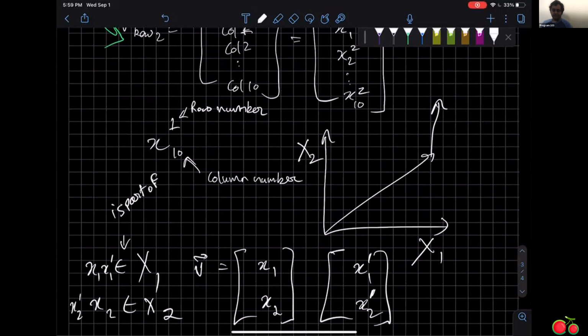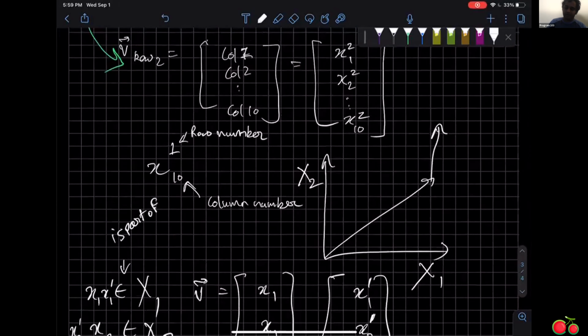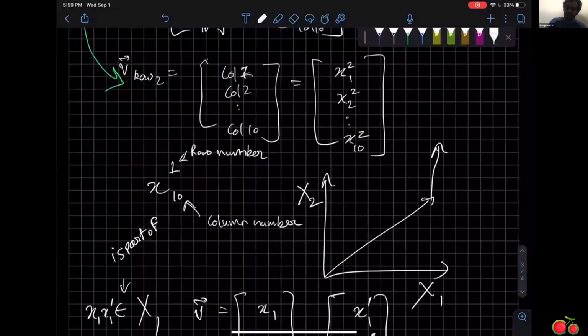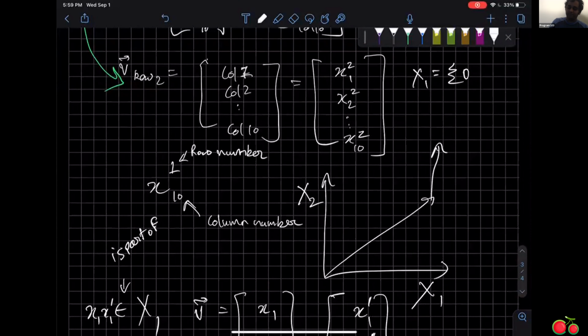You can actually think of x1 as a set. Think of x1 as an infinite set of points, everything from minus infinity to infinity.